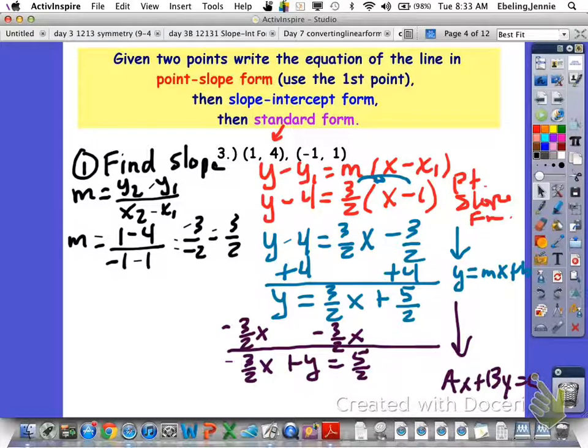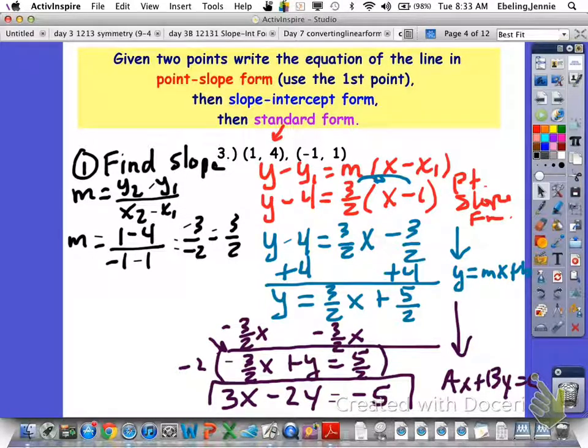Now this form looks good because we have the x term first, then the y equaling some number. However, we have fractions. So to get rid of fractions and the negative on this x right here, I'm going to multiply everything by negative 2. That's going to give me 3x minus 2y is equal to negative 5. And then I have my standard form.